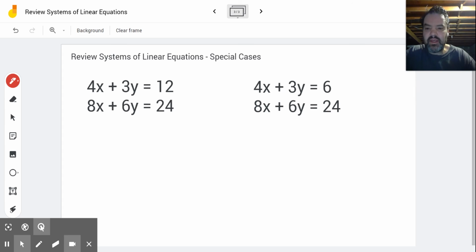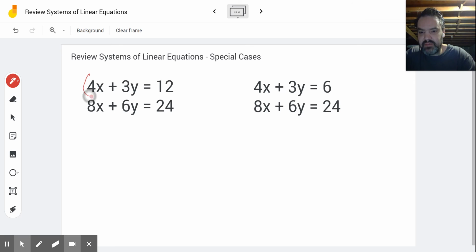The last thing I want to look at is a couple of special cases. You'll see that these are similar, but there's an important difference. So if I wanted to get these in a form that I could cancel them out, a good strategy might be to multiply the top by -2. And that would give me -8x. So my x's would theoretically cancel.